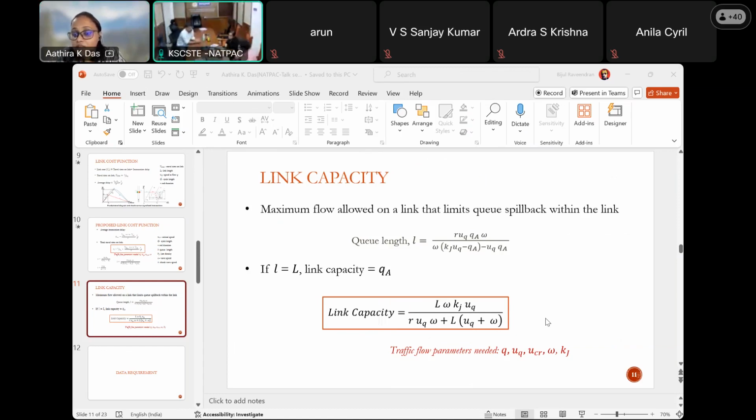Aathira, you are always welcome to NATPAC. Thank you very much, sir. Even though our headquarters is at Thiruvananthapuram, we have an office at Ernakulam. Probably when you are visiting your native place, you can visit the Ernakulam office, where Anila, Vasu and others are sitting. Thank you very much, sir.